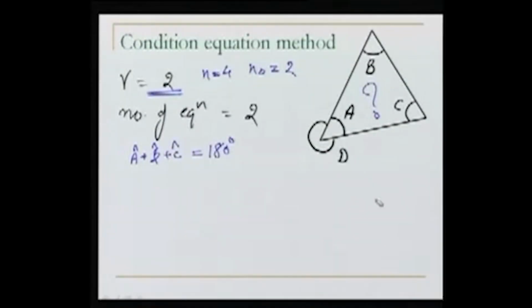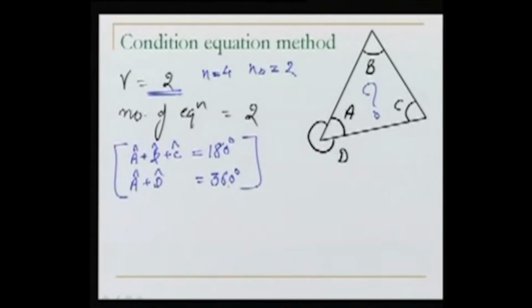But A hat, B hat and C hat, they are the estimates of the observation now, adjusted values. So they do not have any error. So that is why that's the first condition. And the second condition can be written as A hat plus D hat is 360 degrees. So these are the conditions, two conditions.